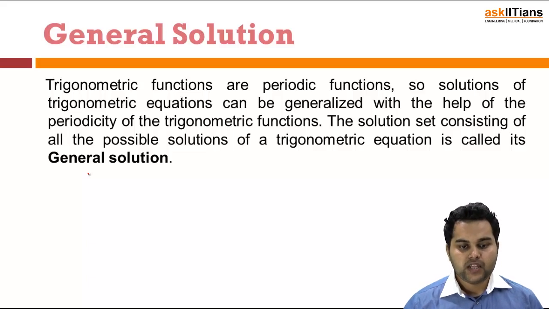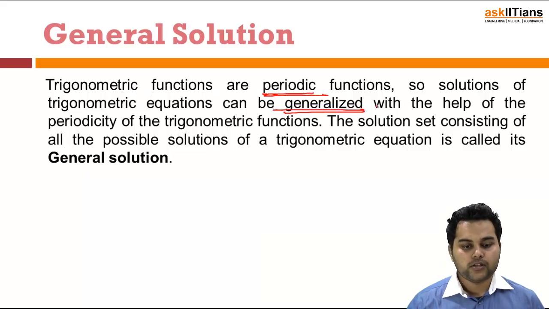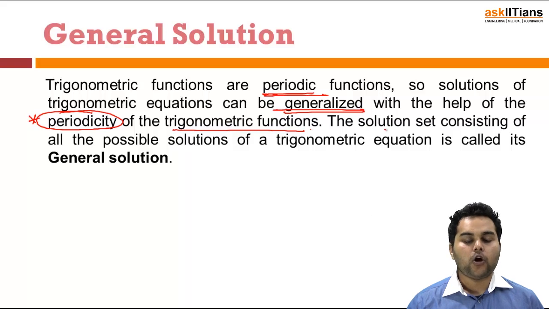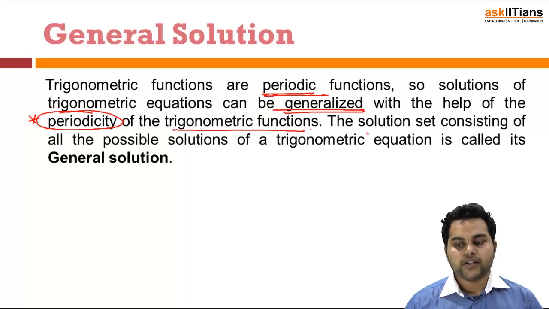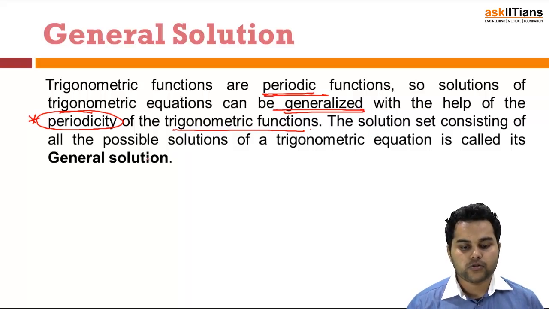Hence, if I consider trigonometric functions are periodic functions, the solutions of trigonometric equations can be generalized with the help of periodicity. Mind, periodicity is the keyword here. So a solution set consisting of all the possible solutions of the trigonometric equation would be called a general solution. So I can say that general solution is a set of all solutions of a trig equation.